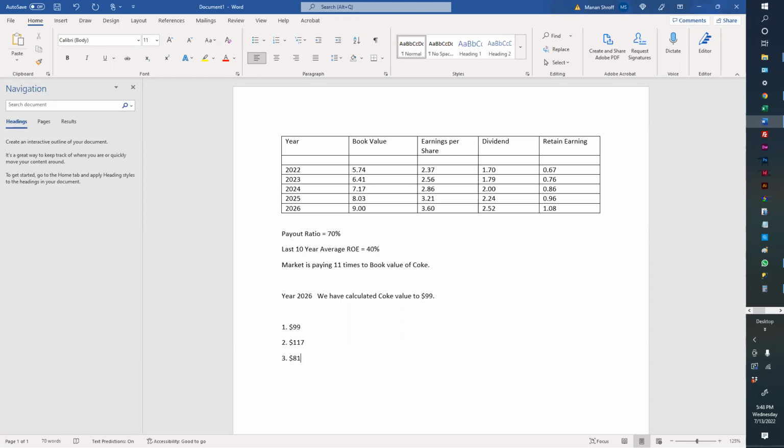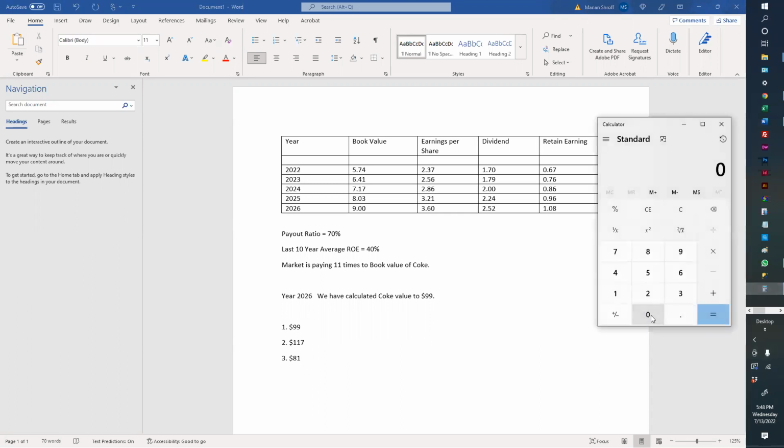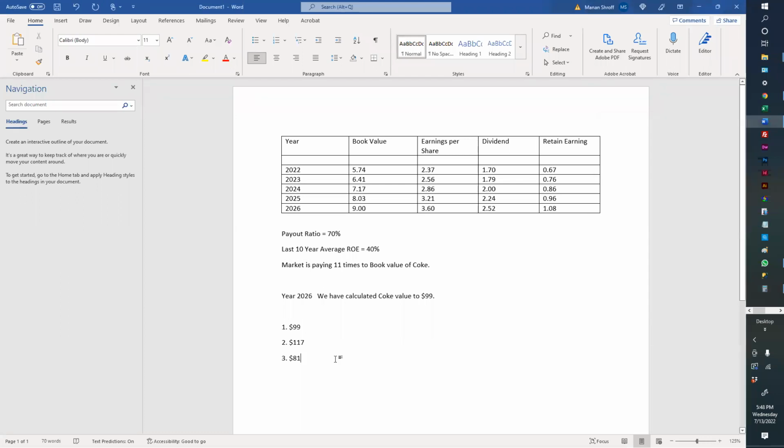What we can do is average out these three values, okay? So we will say 99, 117, 81 divided by 3. Wow. Okay, so the average price comes to $99. Okay, now here is my point why I am saying that the market is not gambling.